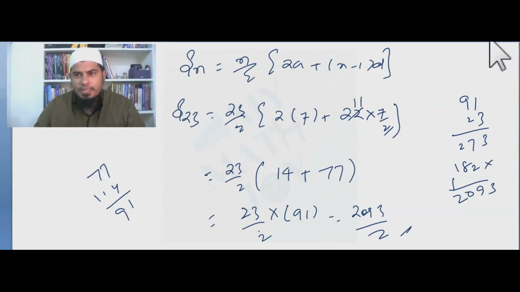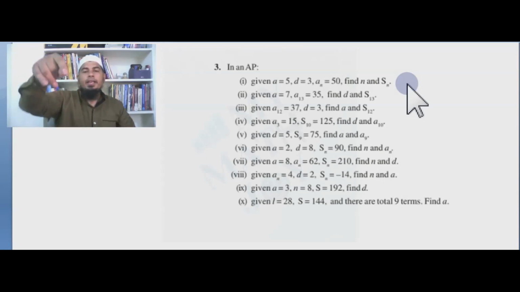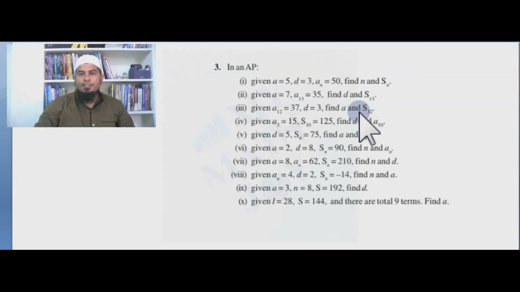Let's proceed with another model. Here is a bit which makes the arithmetic progression problems on Sn, a collection of all the methods. How many different types of questions can be asked on the formula is written here. These are 10 questions which are the basis.